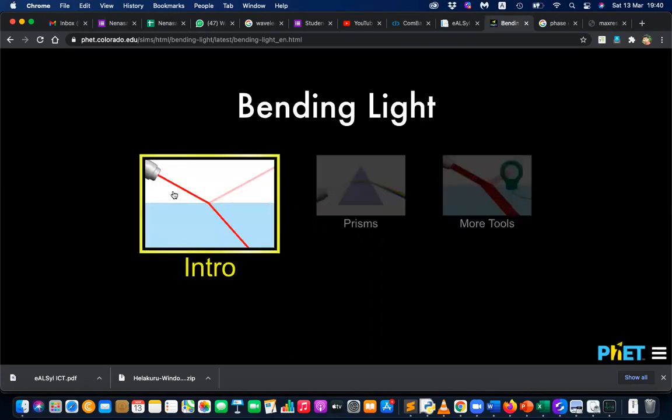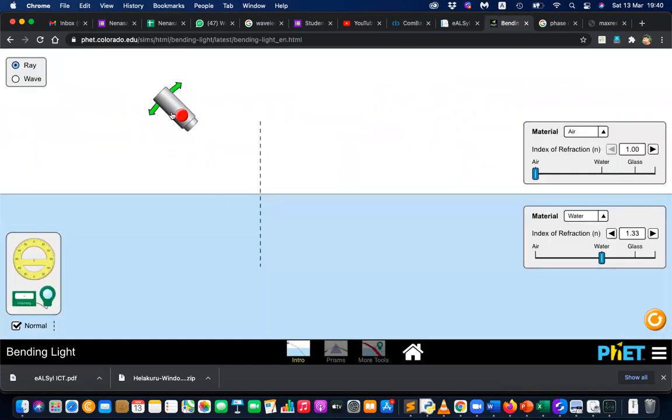When a wave is propagating from one media to another media, here you can see the first media is air, the second media is water. When light is transmitting from the first media to the second media, it's bending.